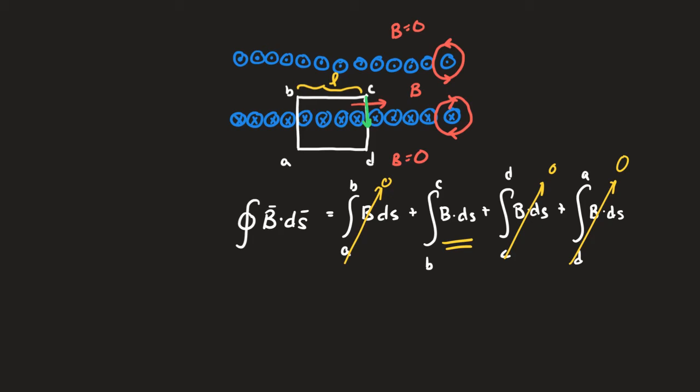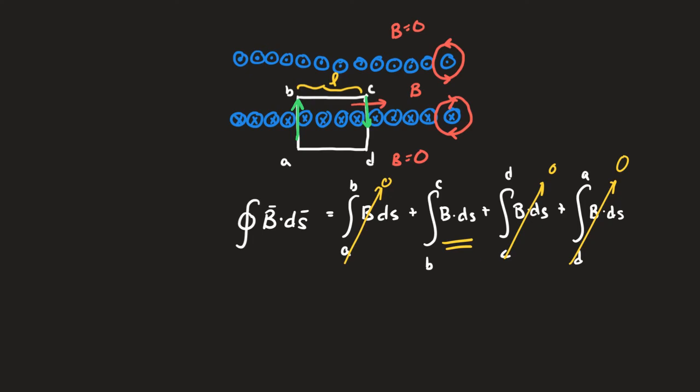So since B is up in the direction that we are integrating and CD is down in the direction that we're integrating, we assume or believe the magnetic field in this region is to the right.